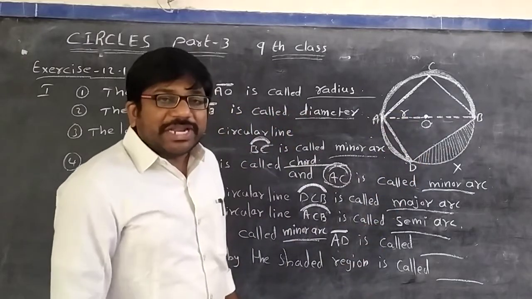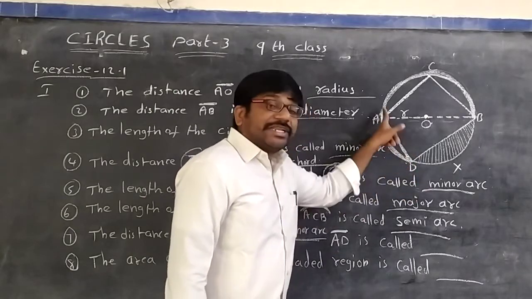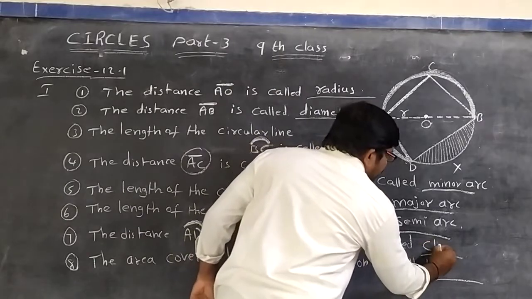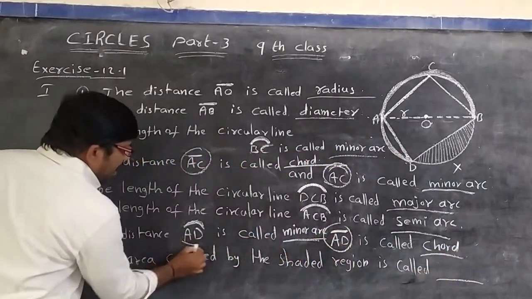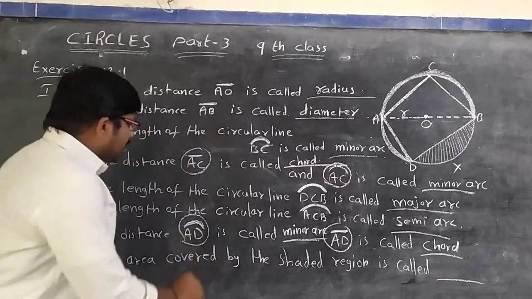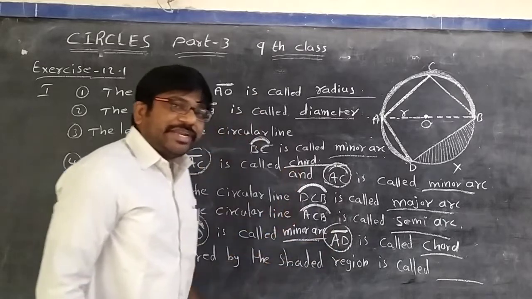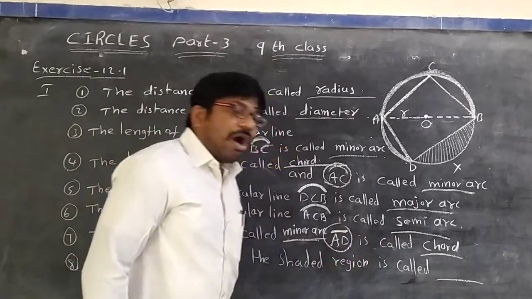We know very well the definition of a chord: a line segment joining two points on the circle is called a chord. So what is the difference between the AD bar and the AD arc? The arc is the circular length, a minor arc, but the AD bar is a line segment, a chord.